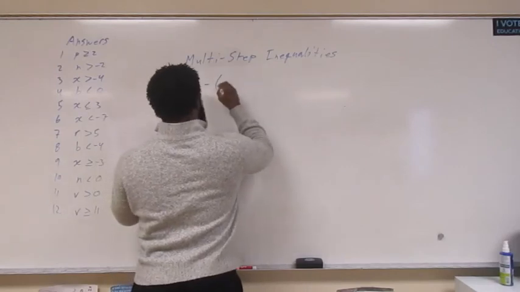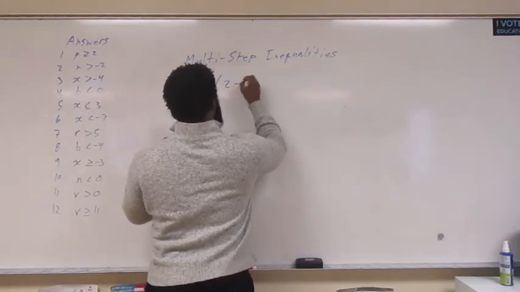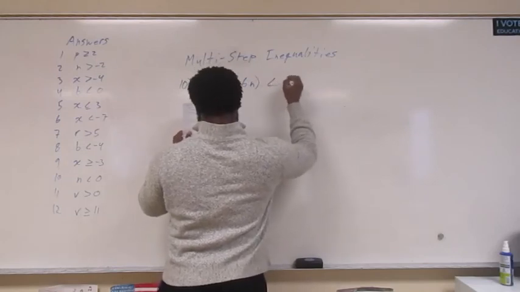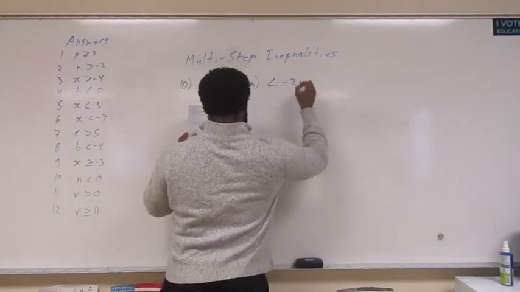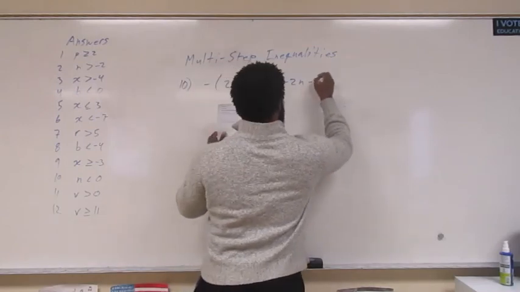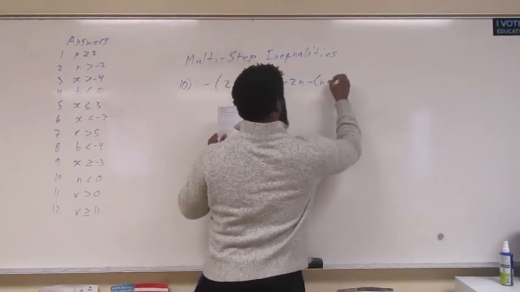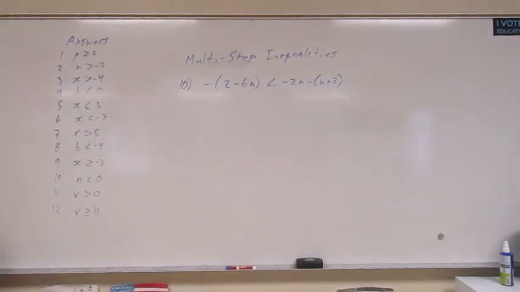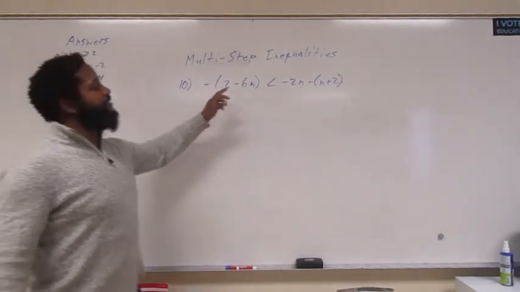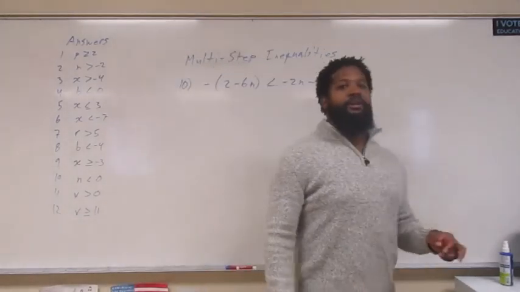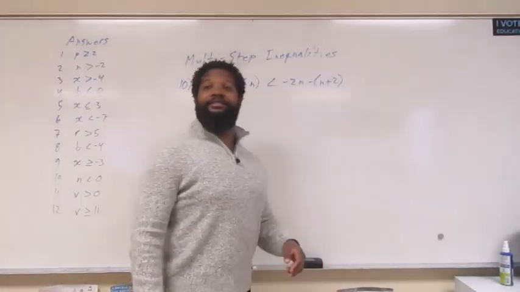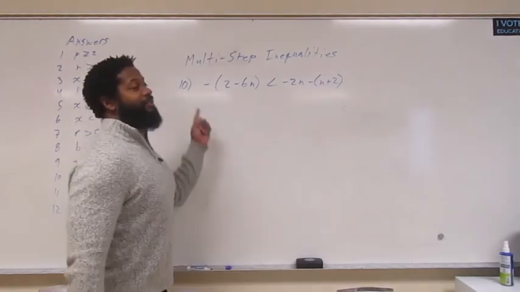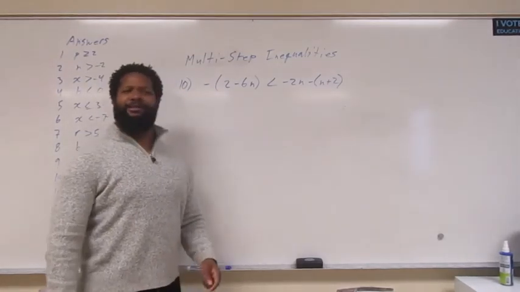Number 10: negative the quantity 2 minus 6n is less than negative 2n minus n plus 2. Now remember, notice these negatives next to the parentheses.